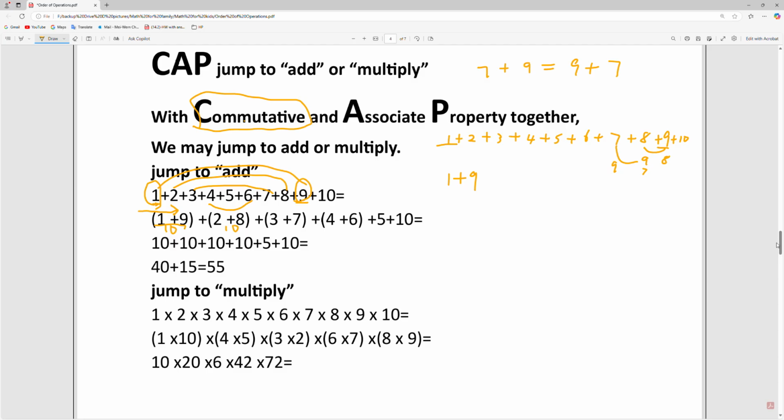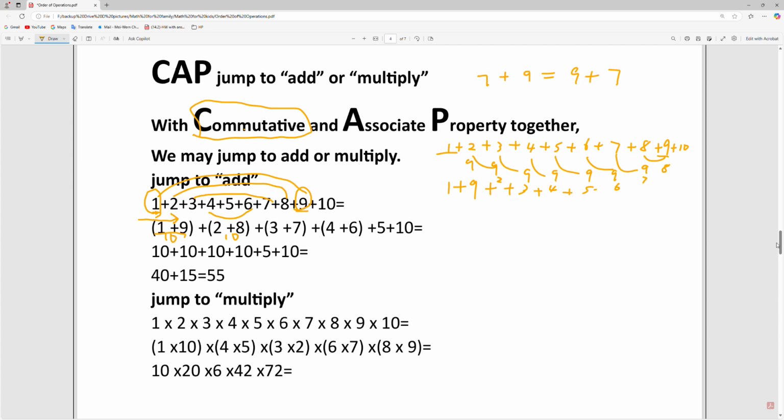Since you are allowed to switch the order, then you can keep going: 9 and 6, 9 and 5, 9 and 4, 9 and 3, 9 and 2. So you have 1 plus 9 and plus 2 plus 3 plus 4 plus 5 plus 6 plus 7 plus 8 plus 10, and they should be equal because the commutative property allows you to change the order.